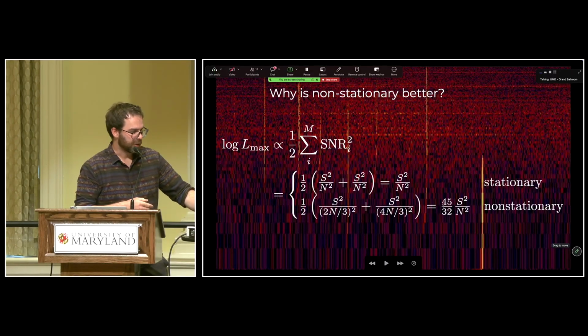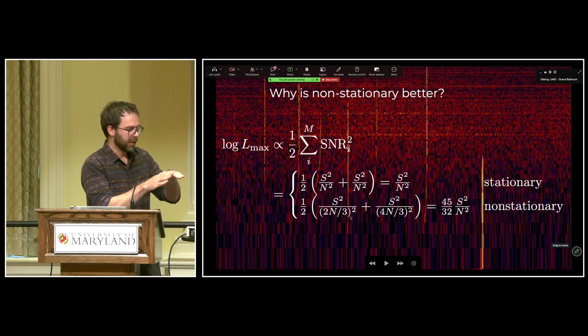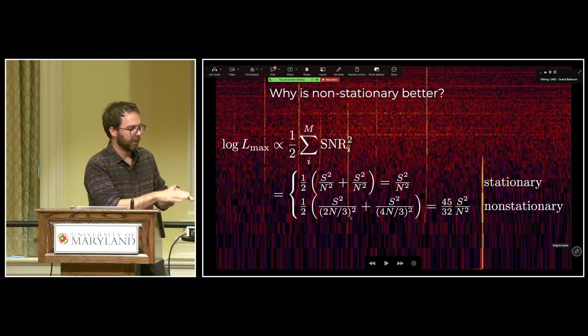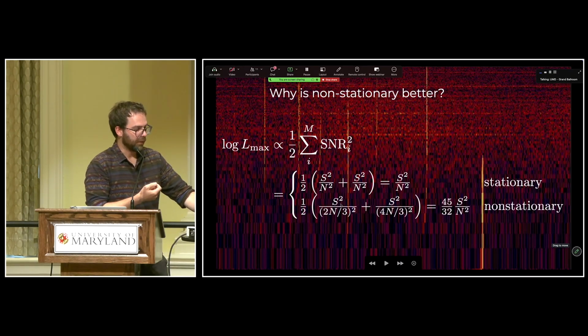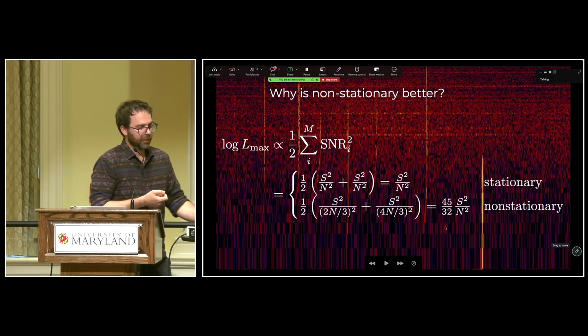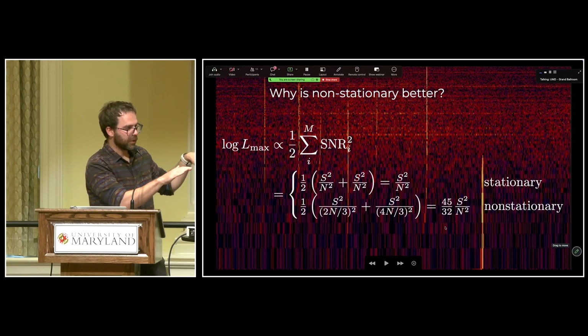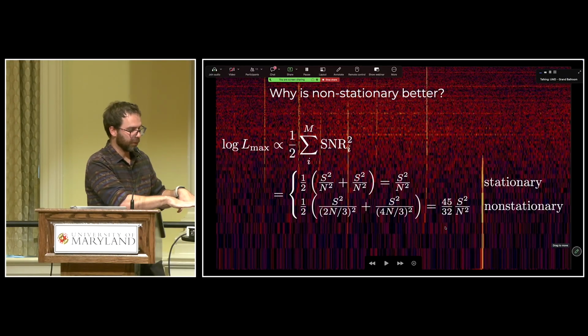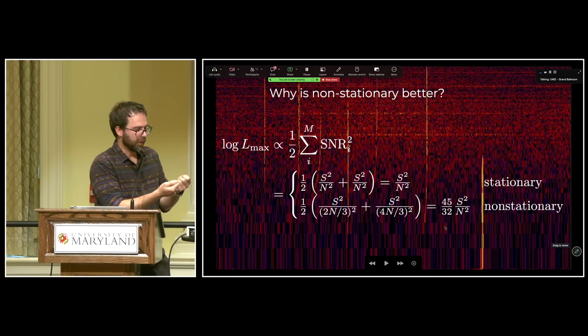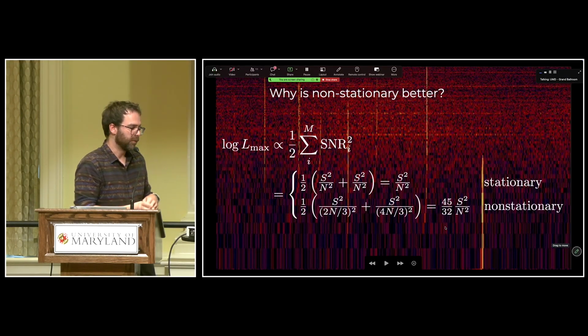But if you have non-stationary noise and the noise is a third lower and then a third higher, the time when the noise is low weighs really highly and gives you more information. Even if you have the same average noise level, if you have times when it goes lower, those will give you a lot of information.